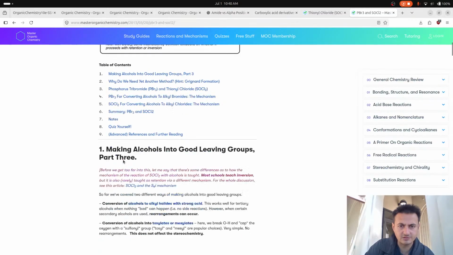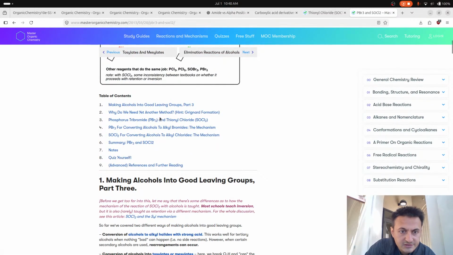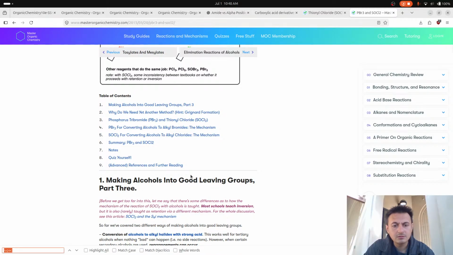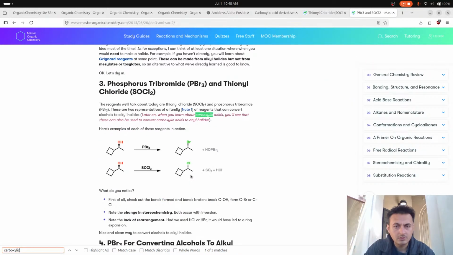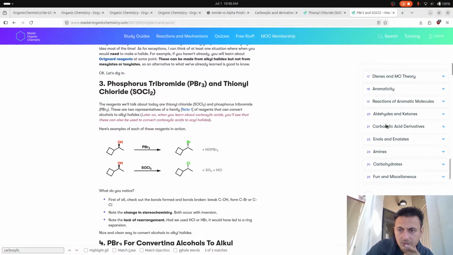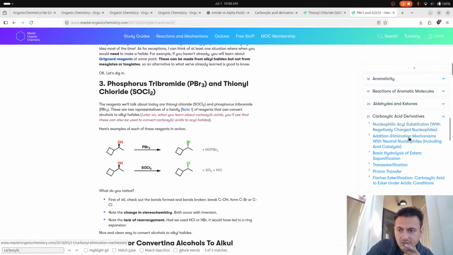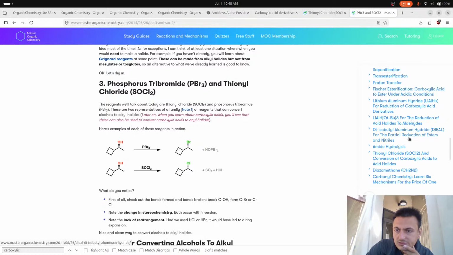These are alcohols, but what about carboxylic acid? I think it's this. So I want to know about... Oh, I need to do this one too. Dibol.